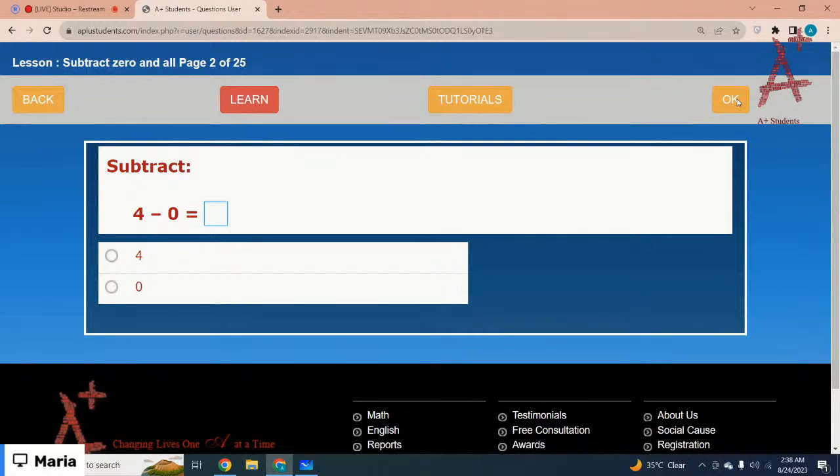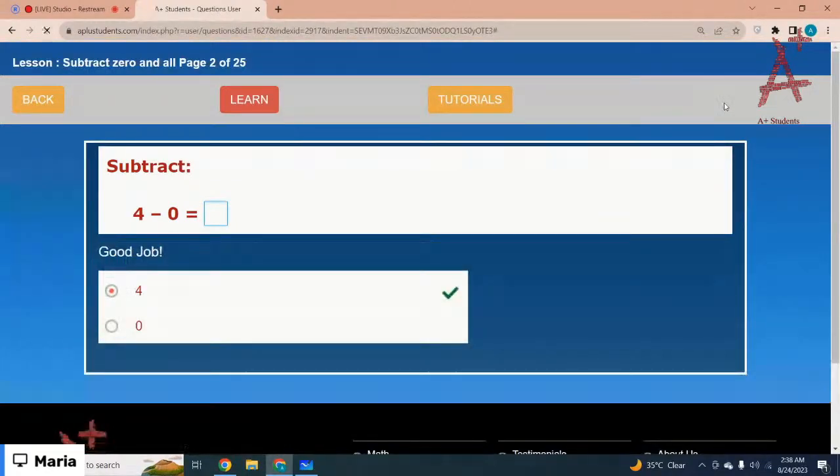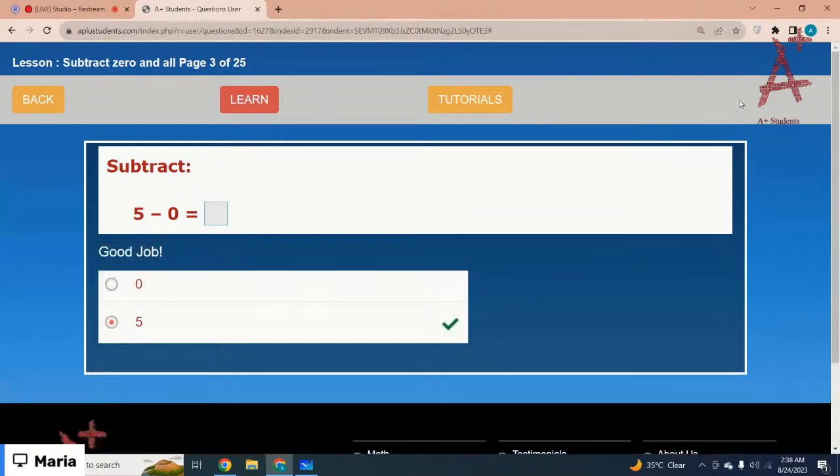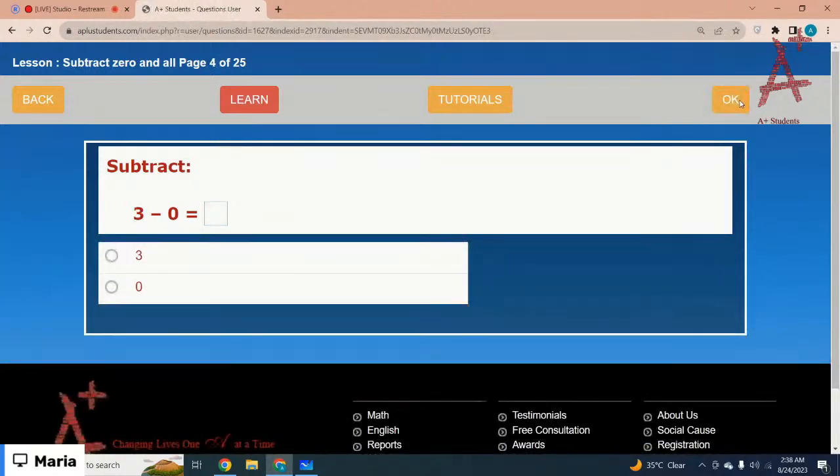So 4 take away 0 is 4. 5 take away 0 is 5. 3 take away 0 equals 3. The correct option is 3.